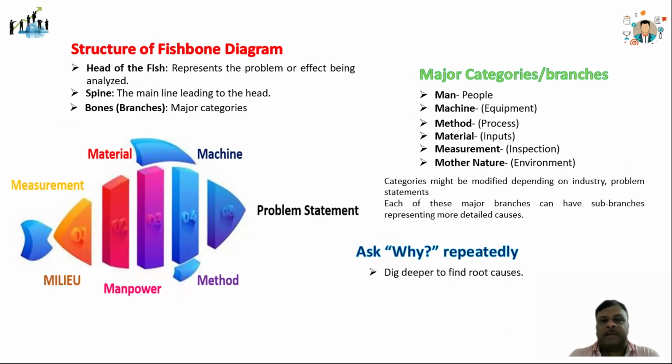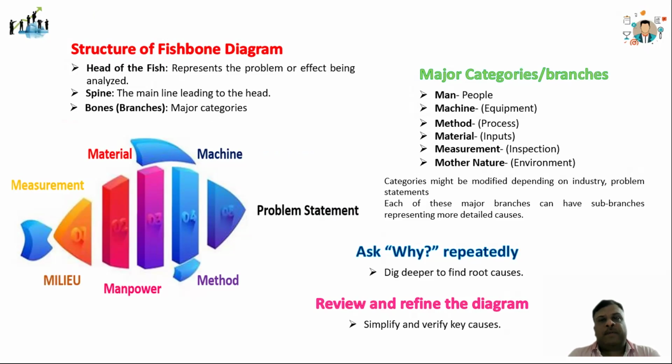It will give you a clear picture. Now once we get answers to all the whys, our next step is to review and refine the diagram. After getting all the answers to the questions we asked, we need to simplify and verify the key causes and plot them in the fishbone diagram.